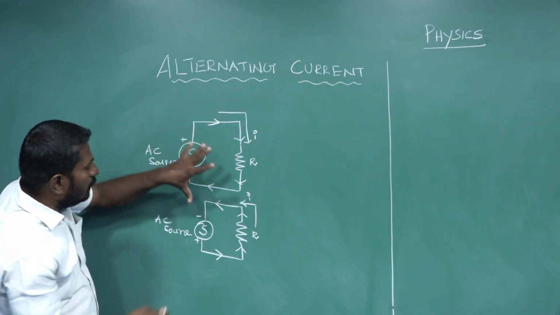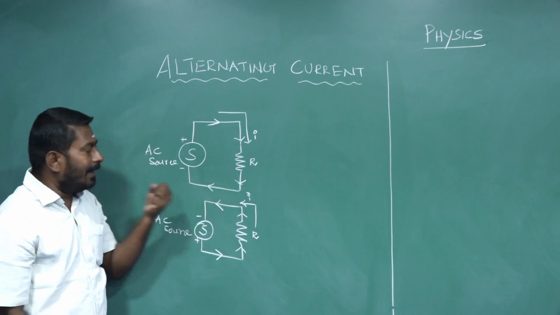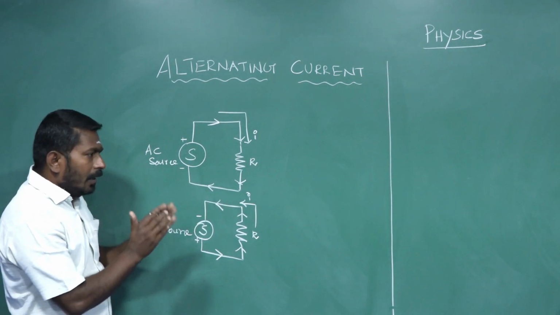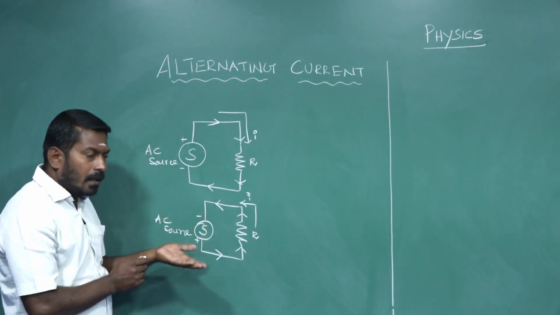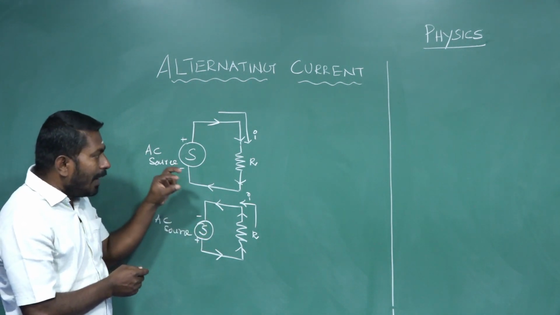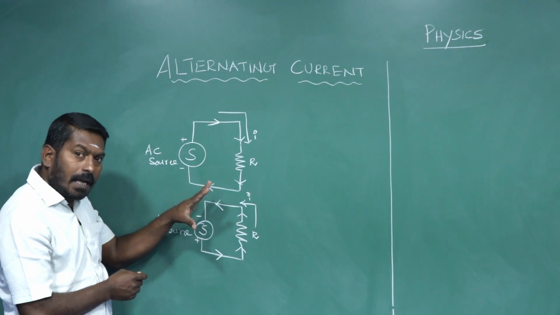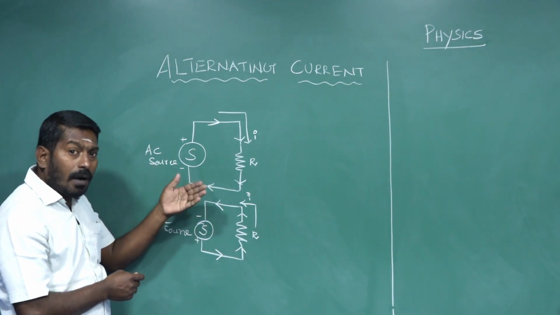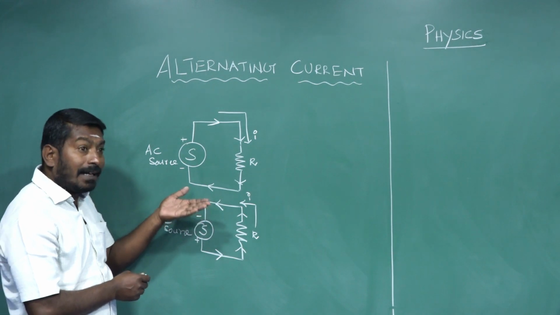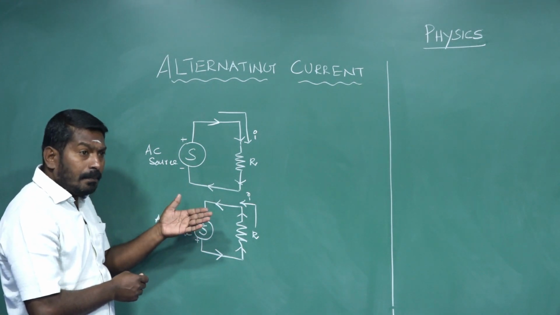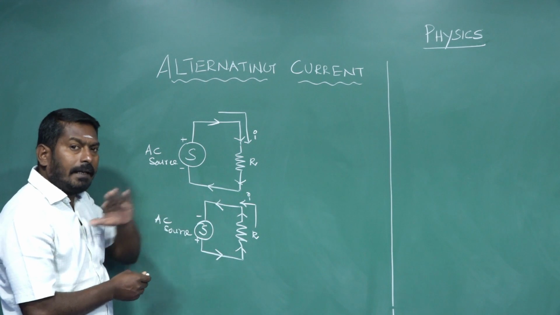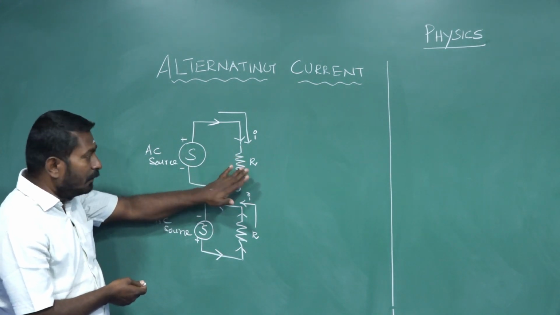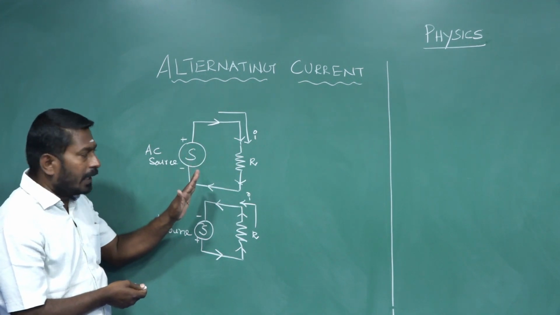The resulting current flowing in the closed circuit is called alternating current. One important thing, for either alternating voltage or alternating current: the magnitude of the alternating voltage continuously varies with respect to time, and its direction is reversed after every half cycle. The resulting current accordingly continuously changes with respect to time.